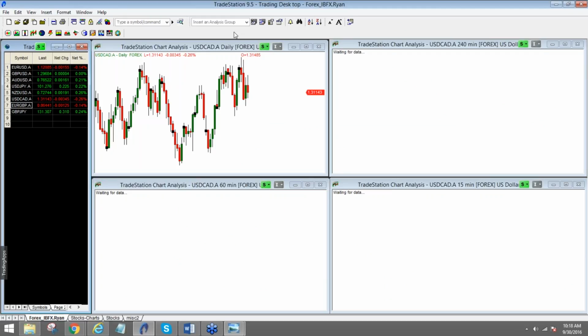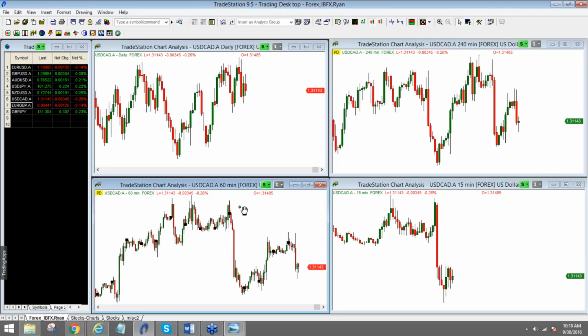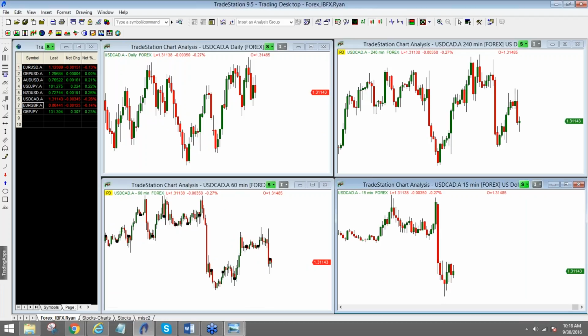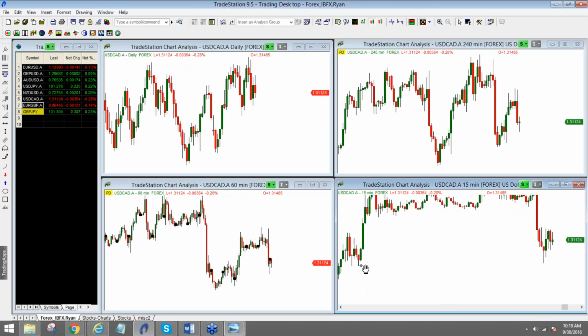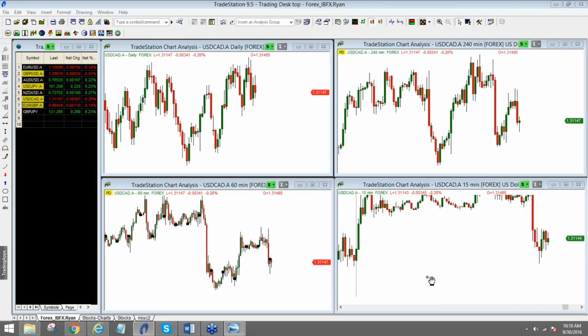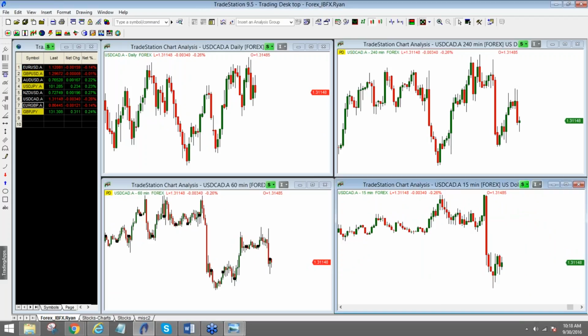Quickly, I just wanted to look at the USD CAD, the Forex pair, because we had that short. Wanted to see. Yeah, it's messy in the USD CAD too. So it's still holding though. It's pretty crazy.